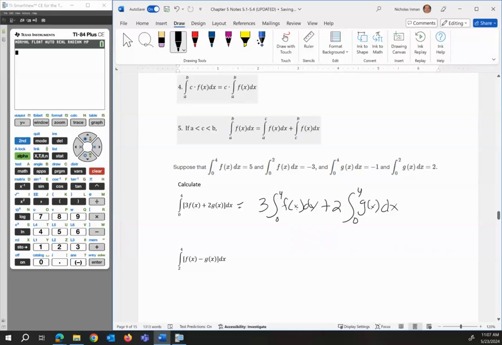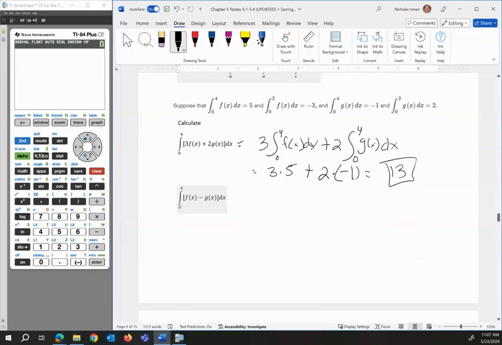From 0 to 4 of f, I know that answer is 5. So I have 3 times 5 plus 2 times the integral from 0 to 4 of g, which was negative 1. So 15 minus 2 is 13. We can use those properties.